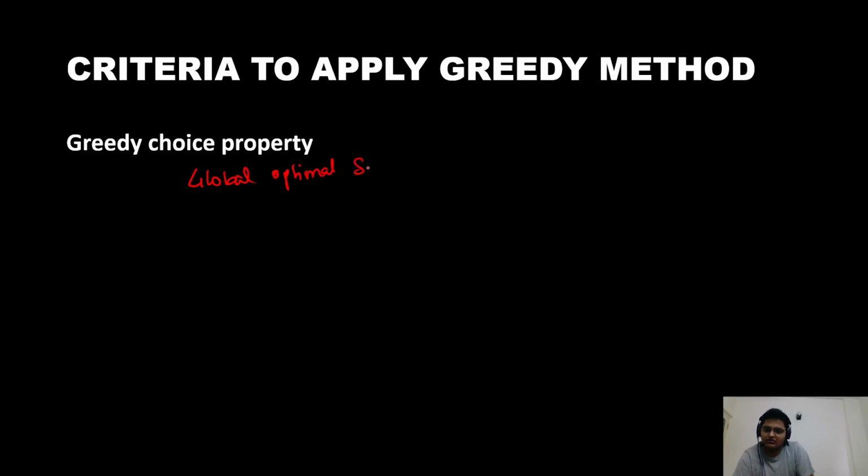Now that we have seen that greedy algorithms can fail to provide us with an optimal solution, we also need to understand the criteria which we need in a problem to apply a greedy method. The first is the greedy choice property. This means that the global optimal solution of a problem is also its local optimal solution.